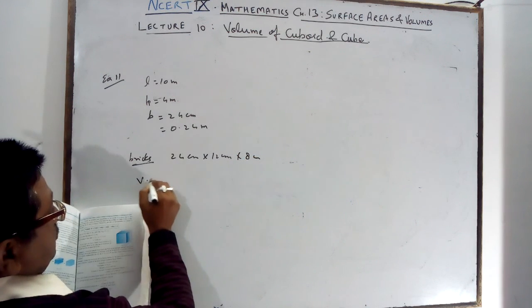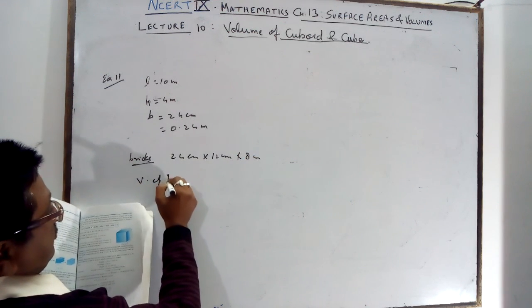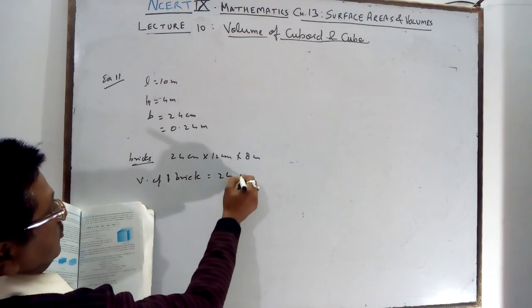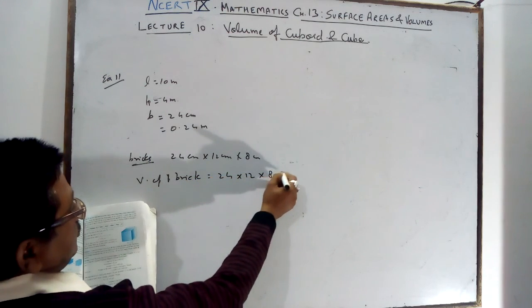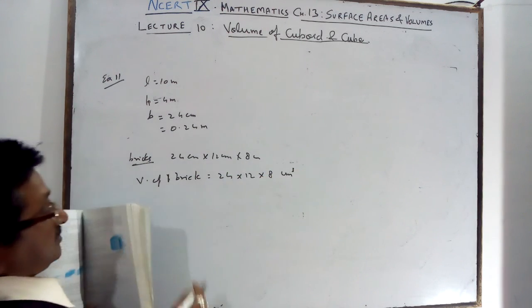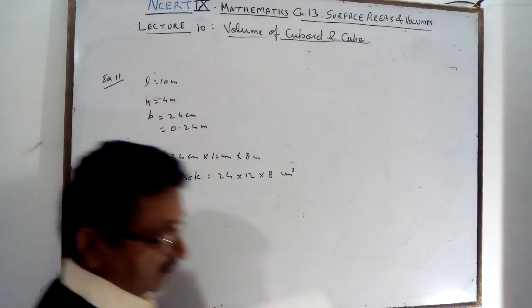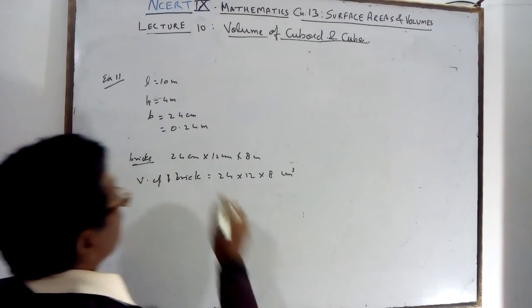The volume of one brick is equal to 24 into 12 into 8 centimeter cube. You want to find how many bricks will be required to make it.